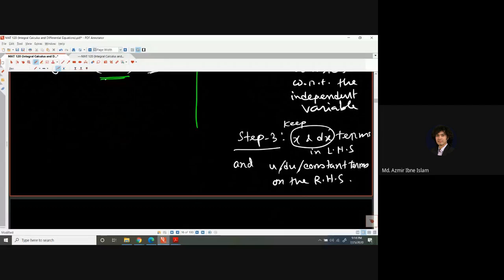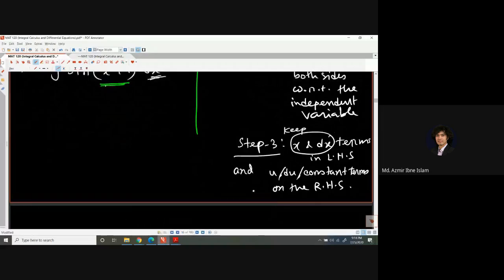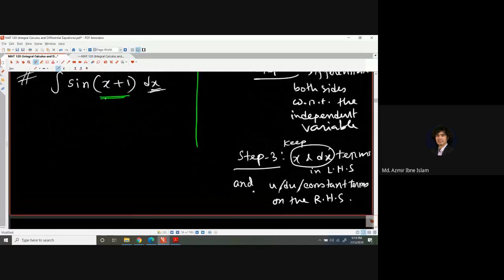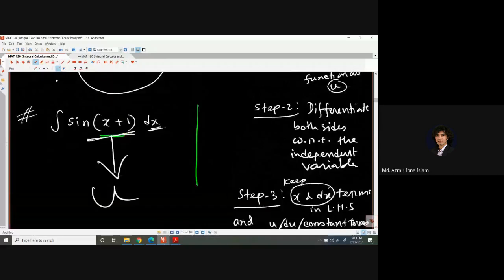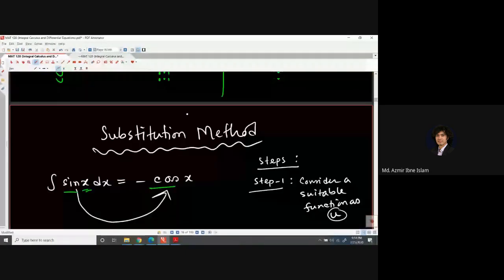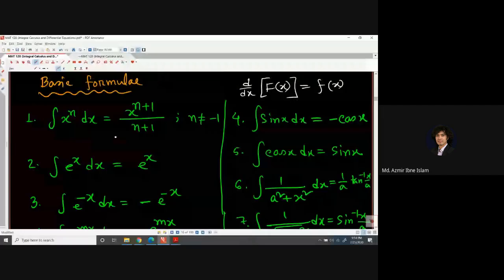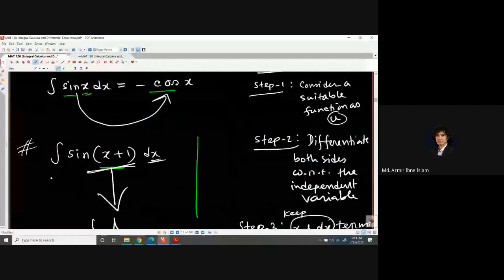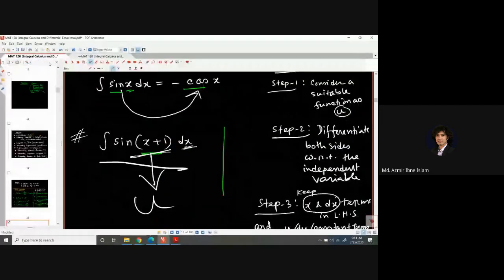Why have we done this? Our target is to convert all x to the variable u so that we can directly apply the basic formulas that we have. Since the integral we have here does not go with the direct formulas, the u-substitution method is helpful.